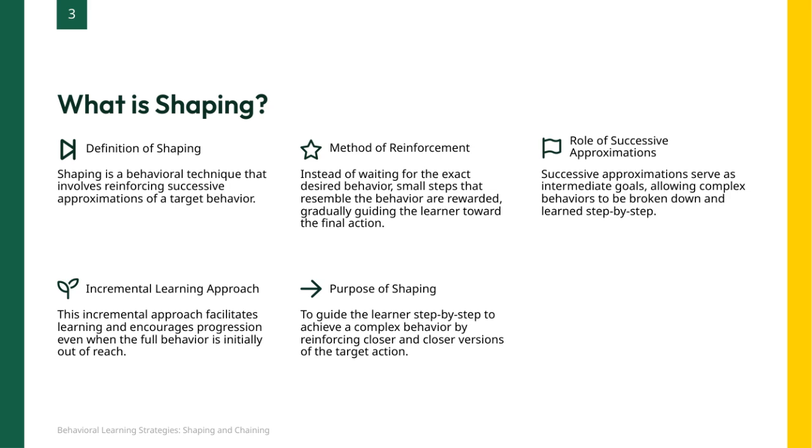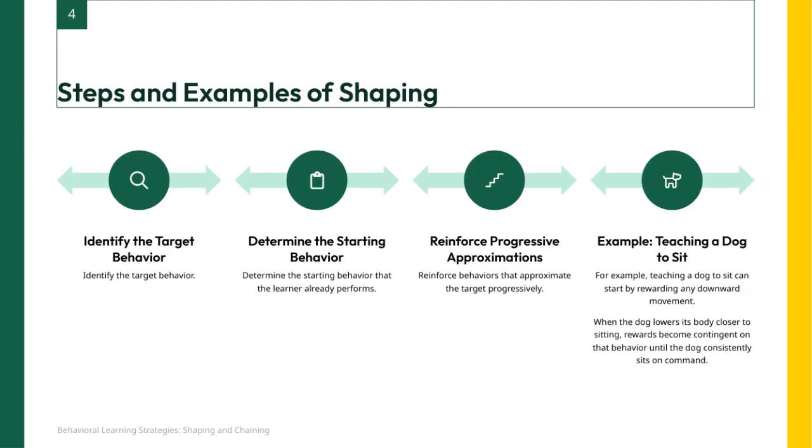First, we need to clearly identify the target behavior we want to shape. This is a specific action or response we want the learner to perform. Next, we determine the starting behavior, the closest behavior the learner already exhibits that we can build upon. From there, we reinforce successive approximations, which means rewarding behaviors that gradually get closer and closer to the target behavior.